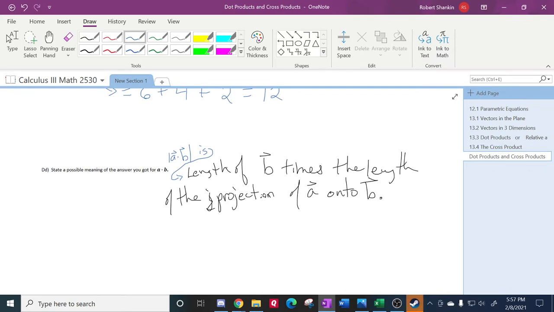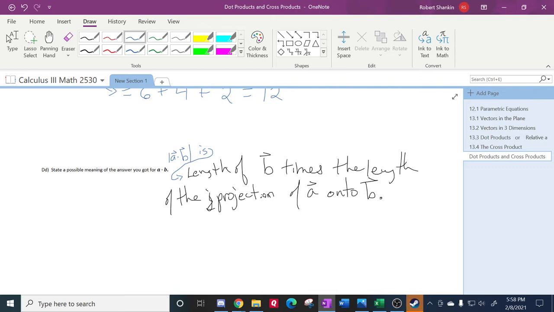Any possible meaning of the dot product? Nothing that's ultimately different from what was already stated, although it was less specific. Okay. Anybody else can think of any other possible meaning?